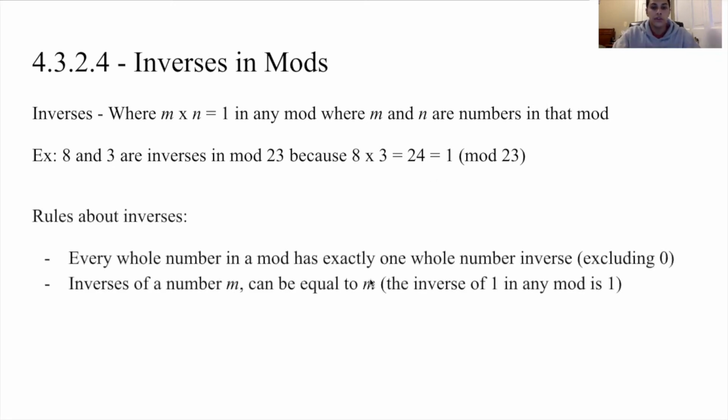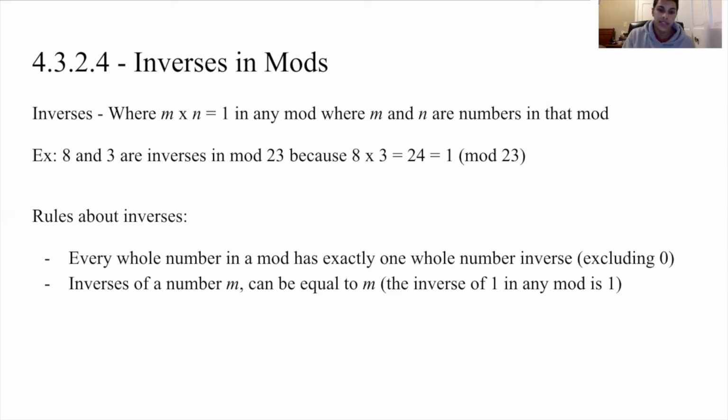All right, so let's go over some rules about inverses. Some general rules about inverses is that every whole number in a mod has exactly one whole number inverse, and that excludes the number 0, because no number times 0 will ever get you to 1. So obviously the number 0 doesn't have an inverse, but every other whole number in a mod will have an inverse.